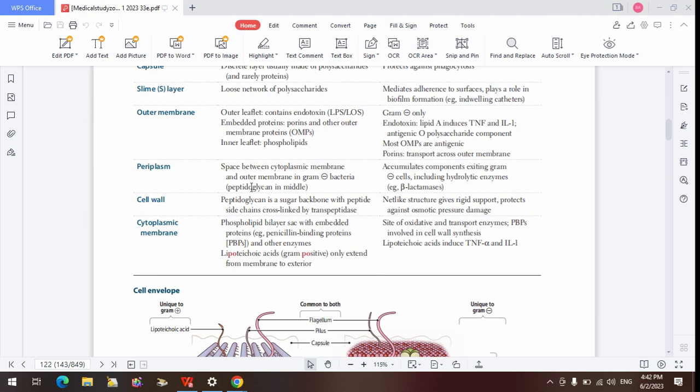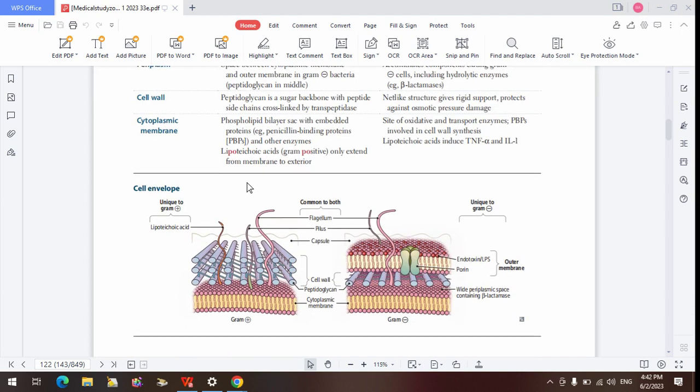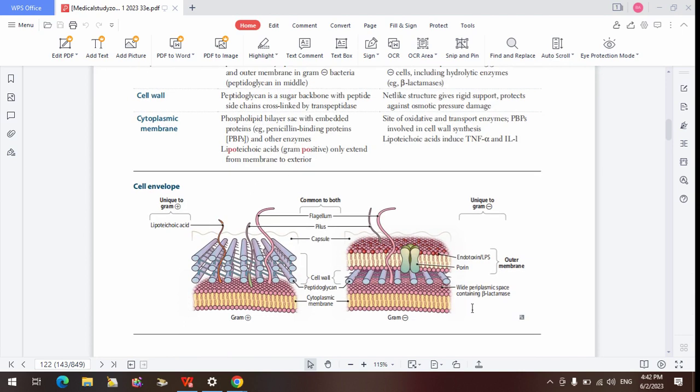So let's look at the image. This is the periplasmic space. Although we can have something that looks like it here, the best qualification for that space is the gap between the outer membrane and the cell membrane, or the cytoplasmic membrane.